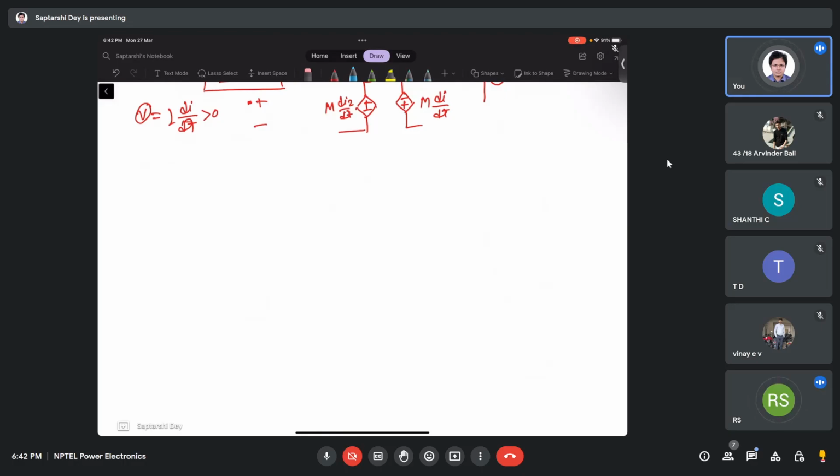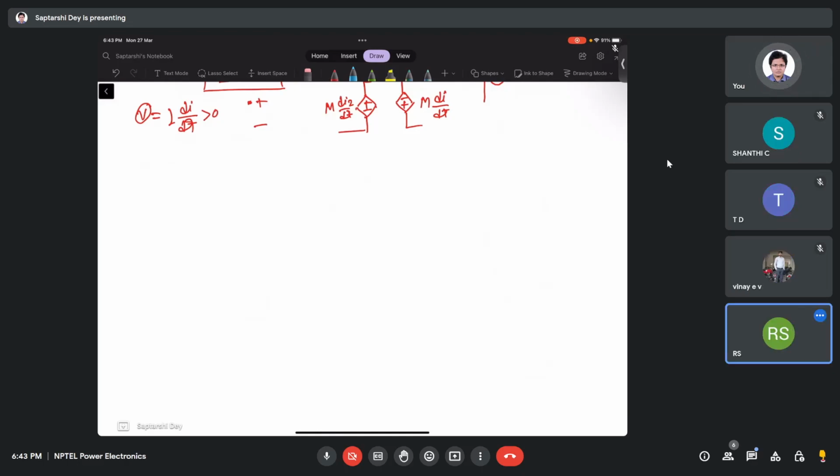In transformer, we do not want the core to store energy, because in forward converter the energy is transferred in the same cycle. And whatever energy got stored accidentally due to non-ideality of the transformer, we had to give it back using the reset circuitry, either dissipate it or give it back to the source, because you do not need it.